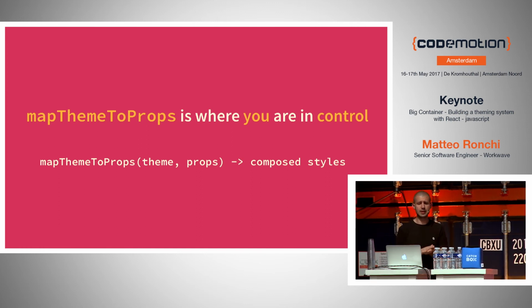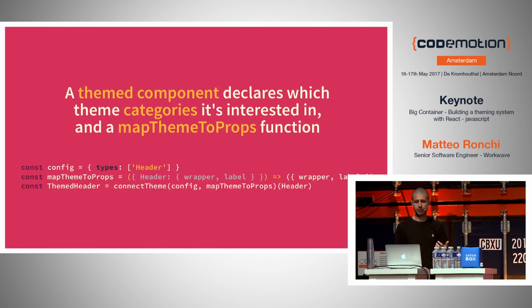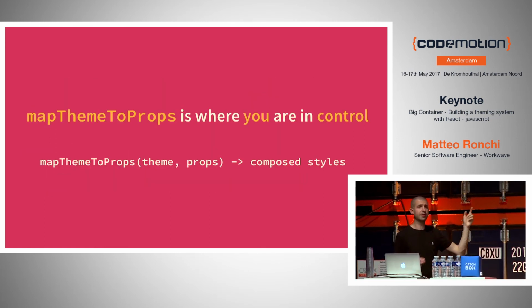Map theme to props has this signature, and like other higher order components in React, accepts our own side of the data, that is the theme part we requested. So if we ask for header types, we will get a theme object with a single key that is header.